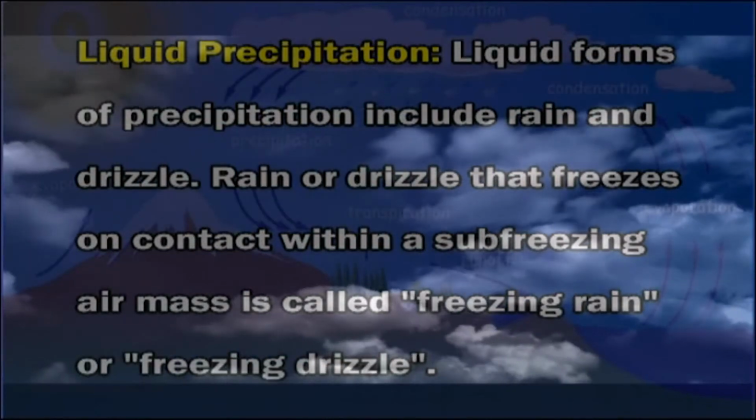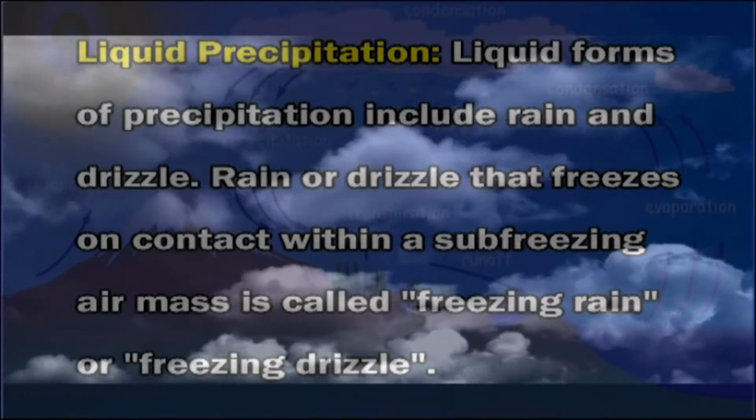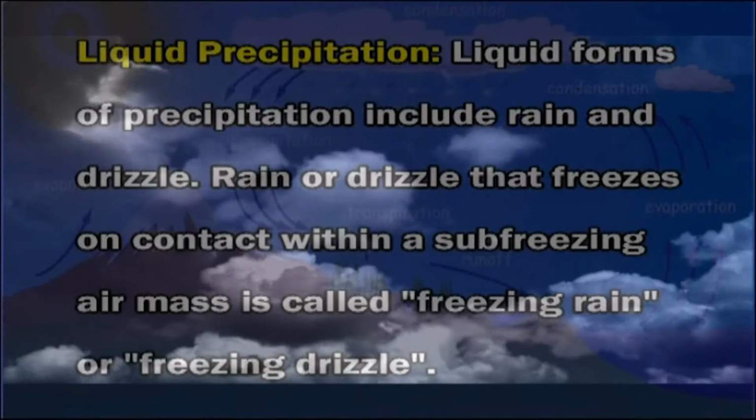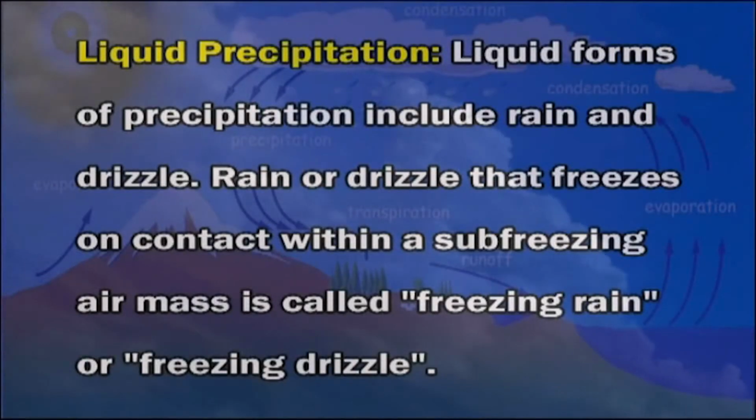Rain or drizzle that freezes on contact within a sub-freezing air mass is called freezing rain or freezing drizzle. Frozen forms of precipitation include snow, ice needles, ice pellets, hail and graupel.